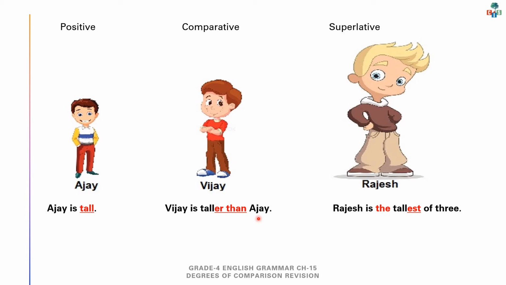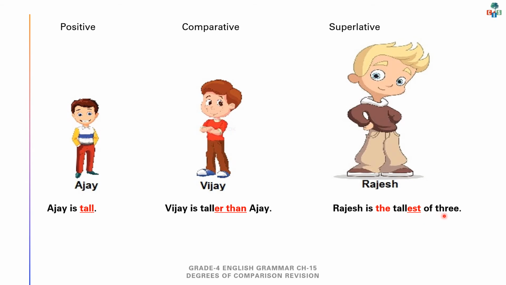So when we compare two nouns, we use comparative degree. So for that we use ER with the positive degree and than. Taller than. Vijay is taller than Ajay. Third example, Rajesh is the tallest of three.